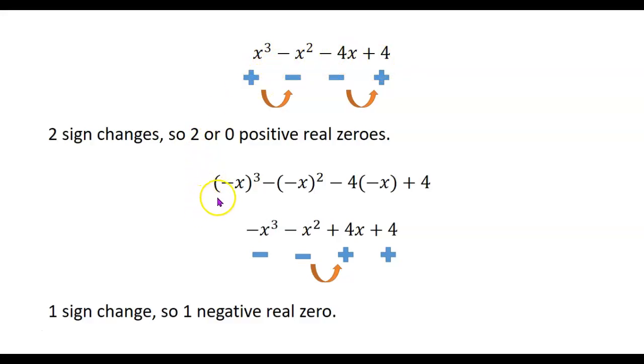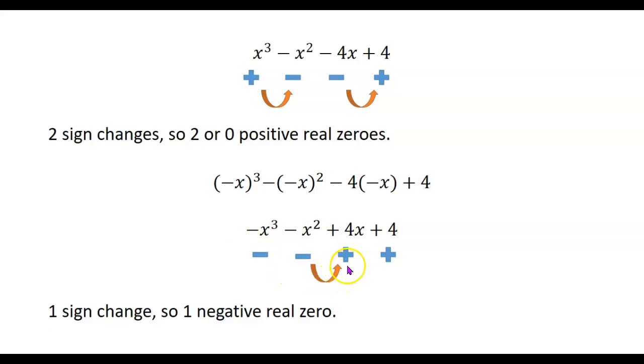And then if we go through and we replace every x with negative x, so we're looking at negative x to the third minus negative x squared minus 4 times negative x plus 4. A negative to the third power is still negative. A negative squared is positive. A negative is negative. And so this becomes negative x cubed minus x squared, and then minus minus plus 4x plus 4.